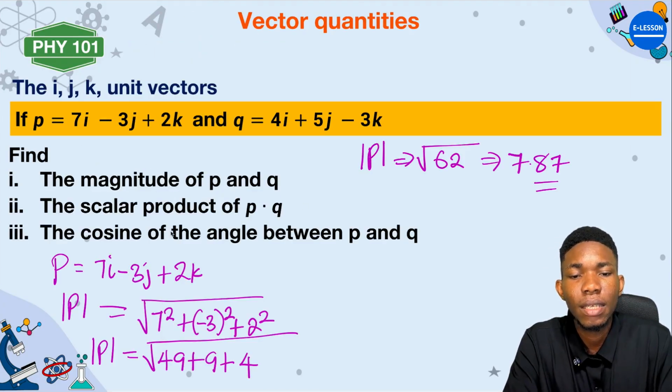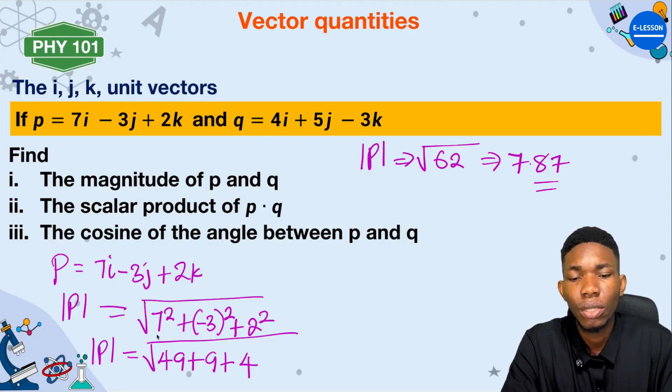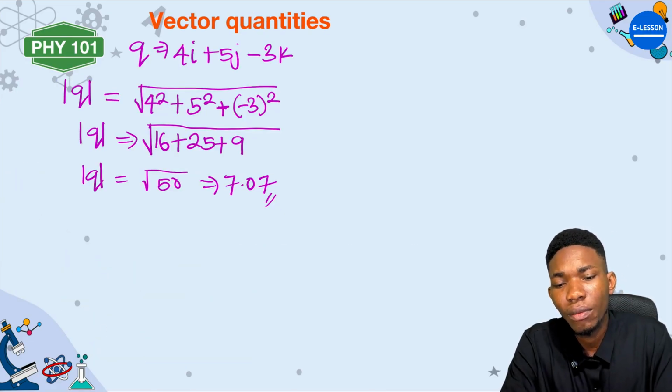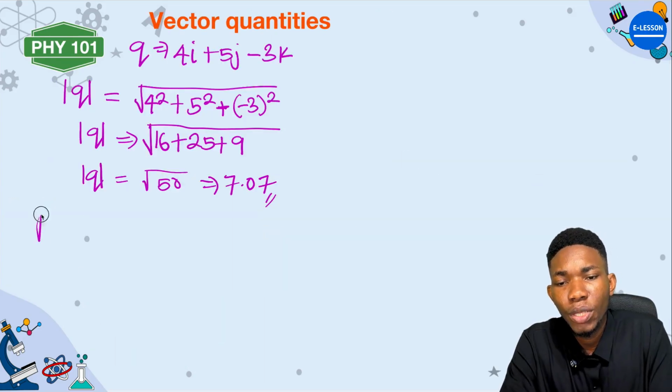The next thing is the cosine of the angle between P and Q. So they are asking you to find cos theta. Before you can find cos theta, you must first find the scalar product of P and Q. P dot Q will be equal to, first, what is P?